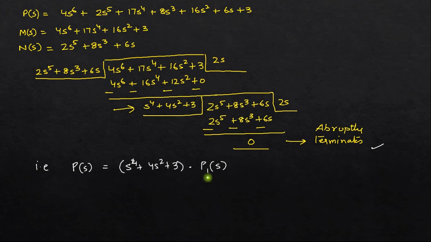To check on these two polynomials whether they are Hurwitz or not, I need to know this polynomial also. Now this polynomial can be derived after I write this equation like P(S) divided by S^4 + 4S^2 + 3. That means I need to divide this P(S) with this to get P1 separately. Let us calculate this P1.